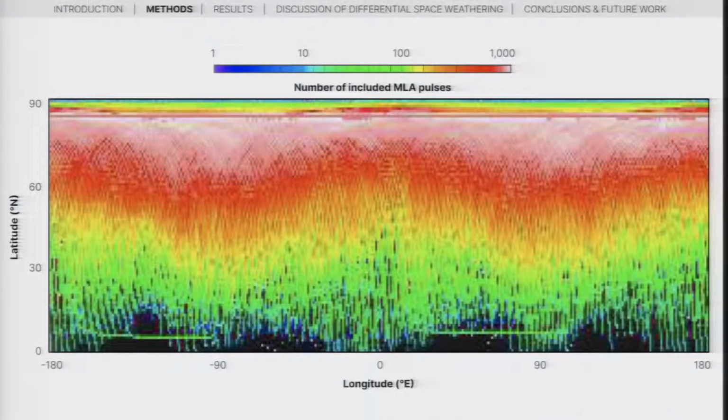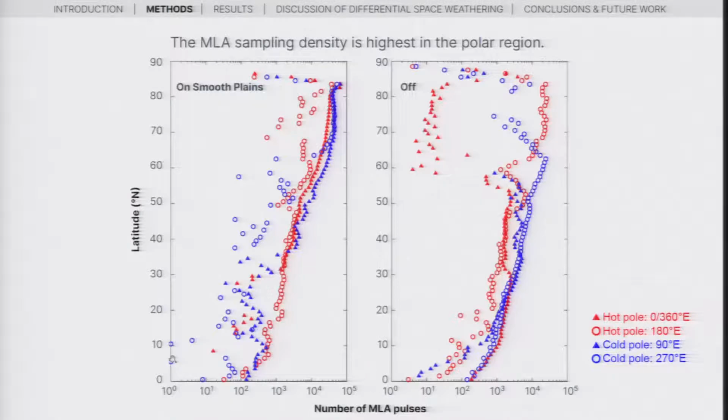So as I mentioned before, we're a little bit sparse in the data as we approach the equator due to the orbit of MESSENGER. This is showing you the counts of MLA pulses that we're using to create this map and to conduct this analysis. It's very dense around the high latitudes, but it gets quite low around the equator. To give you an example quantitatively, we have the number of pulses used for this analysis plotted on an x-axis on a log scale as a function of latitude.